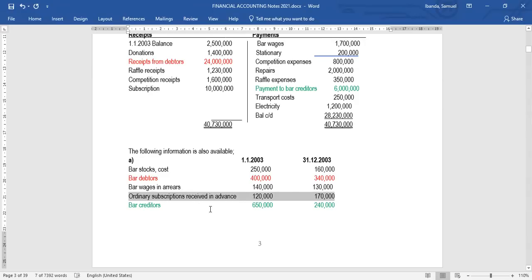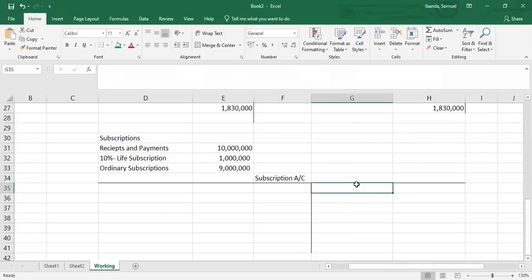If there are ordinary subscriptions that were received in advance, remember these are liabilities, okay? They are liabilities because these subscriptions do not relate to this financial year, they relate to the next financial year. So when I'm recording them in my T account here, I'm going to record them on the credit side. The balance brought down will be recorded on the credit side.